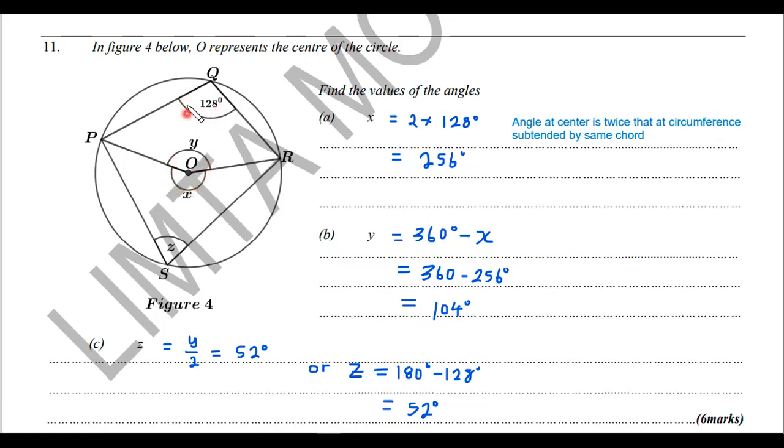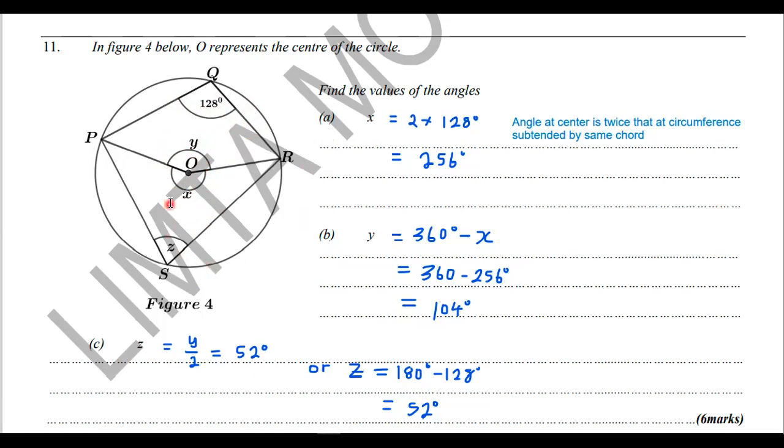This is the angle at the circumference. Look, these things must point in the same direction, like this. Can you see this cup? This cup. So the cup pointing up and the cup pointing up. So this angle is twice this other angle here. So X will be equal to 128 times 2. You can use other methods, you have the same answer.